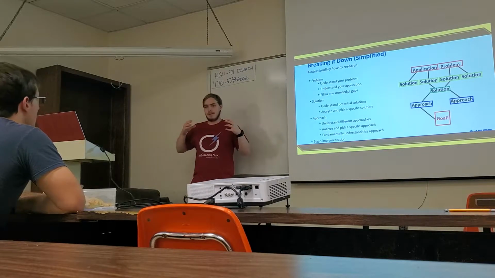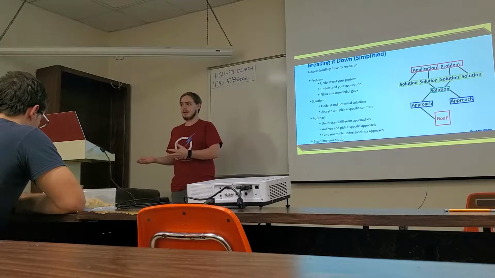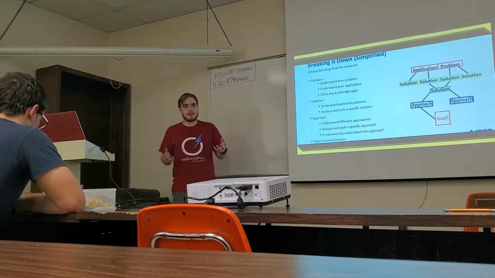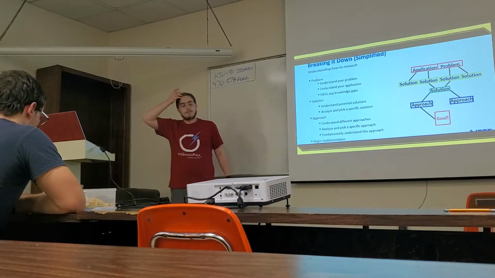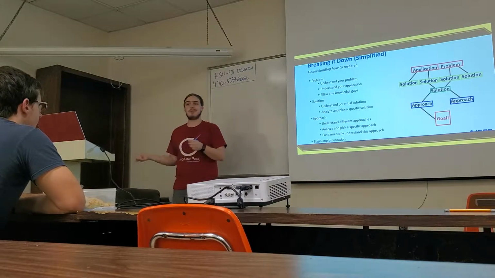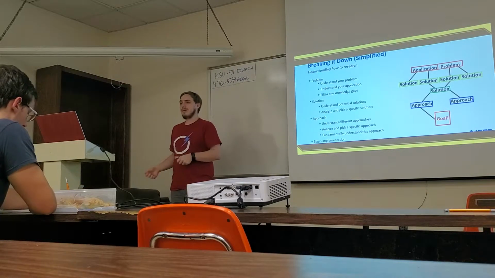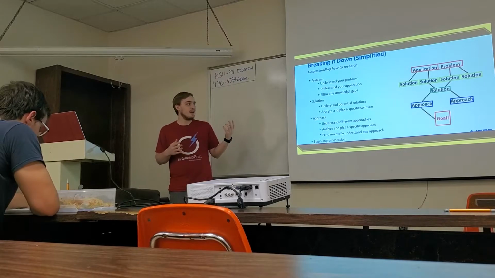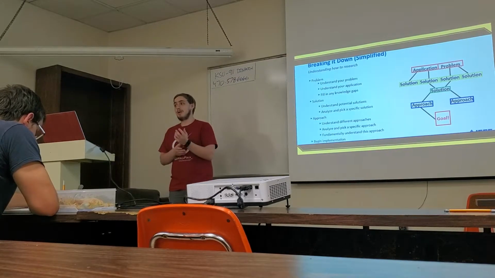Like, if it's a problem of, okay, I need to do mapping, what does mapping mean in the case of something like mapping a track? What does that look like? Before you can start looking for solutions, you have to understand your problem. It's very important that you don't jump before you look, because you will end up with a bunch of solutions that don't actually solve the problem you wanted to go for.